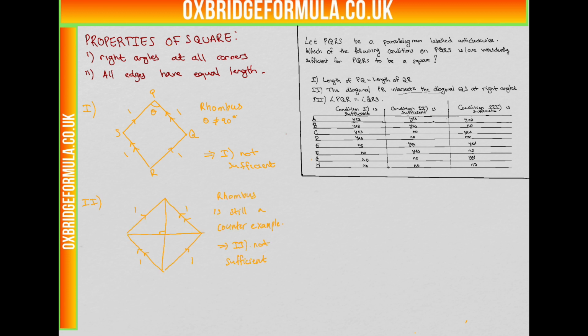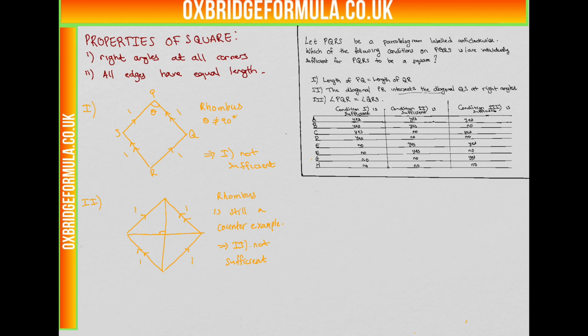A rhombus is very much a parallelogram, and the diagonals intersect at right angles, so this angle, this angle, this angle and this angle are all right angles. That means that a rhombus is a counterexample, so 2 is not sufficient.